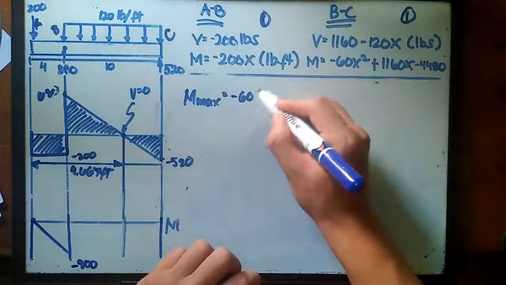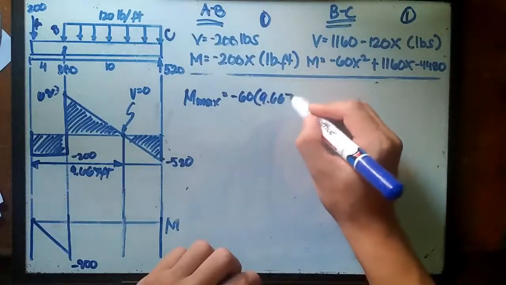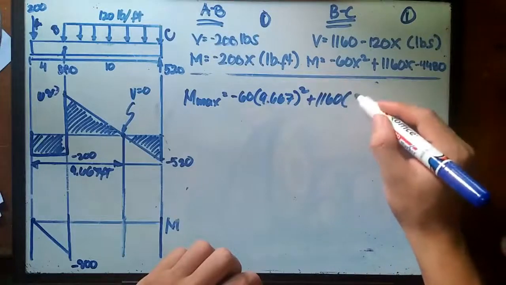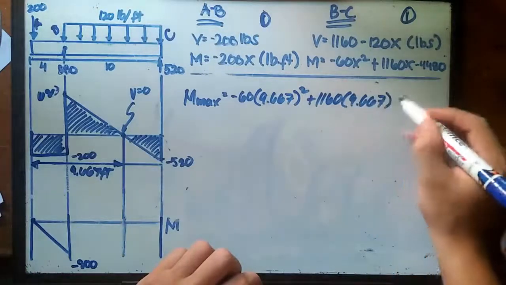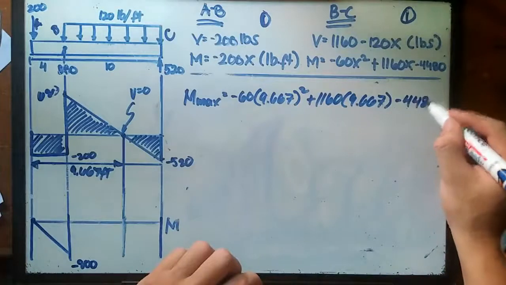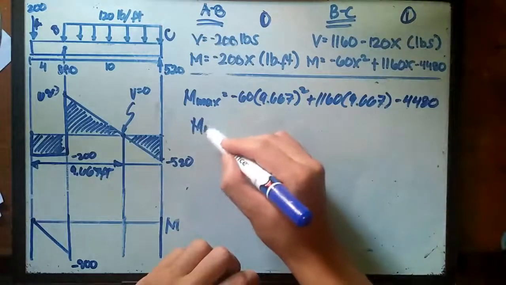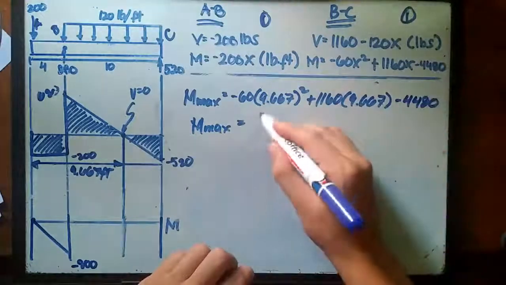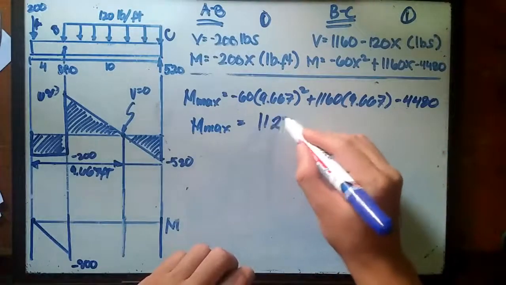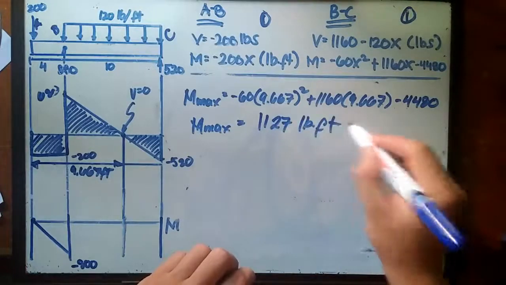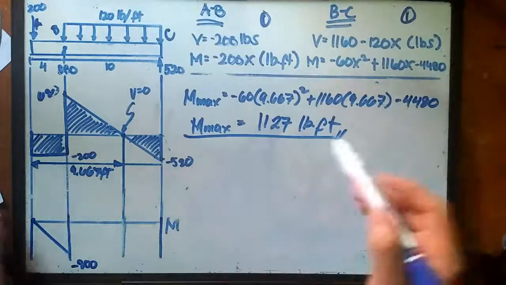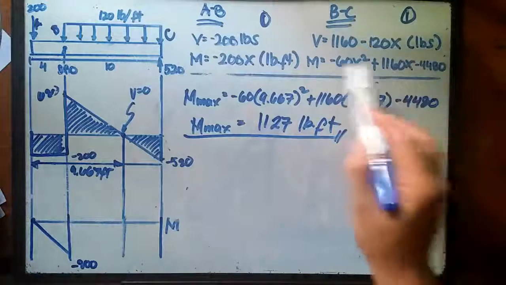So negative 60 times 9.667 squared plus 1160 times 9.667 minus 4,480. So M sub max should be equivalent to approximately 1,127 pound-foot.